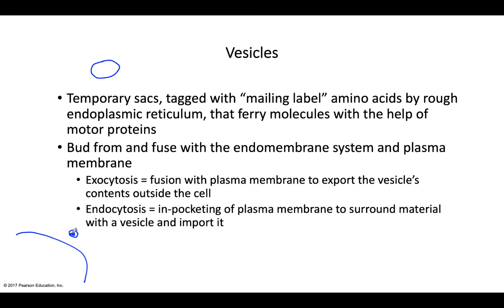When these vesicles approach the plasma membrane, they are both membrane, and membrane and membrane can merge with each other. Once the membrane merges into the plasma membrane of the cell, the content inside the vesicle can be discharged in the cell. We call that endocytosis, the pocketing of plasma membrane to surround material with a vesicle and import it.